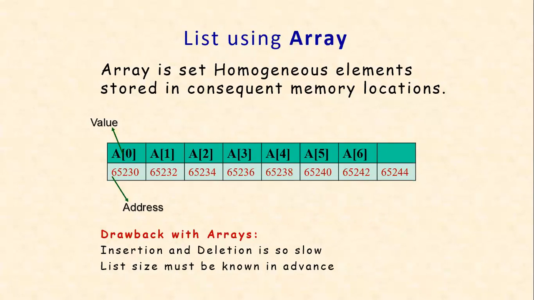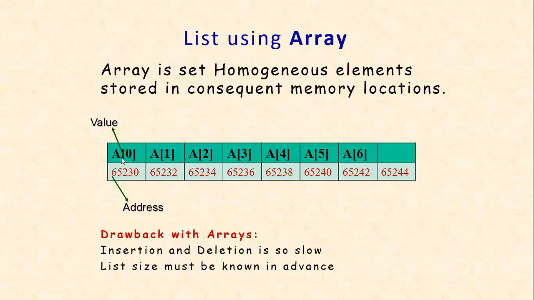neighbor memory locations. For example, let us say I have an array, namely A, and its size is, let us say, 8. That means I can keep 8 elements in that array. So the memory for that A will be allocated priorly.